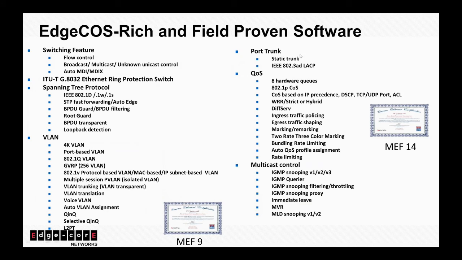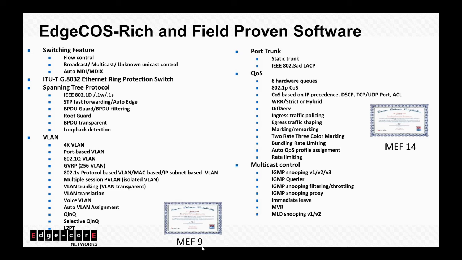This slide shows all the software functions we provide. Our software is called Edgecore OS. This is very rich and field-proven software. Here you can see we have many features like spanning tree, VLAN, port trunk, QoS, and multicast control. Our software is certified by the MEF, the Metro Ethernet Forum.